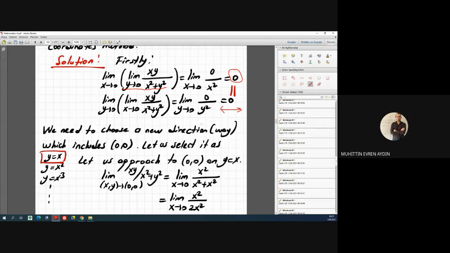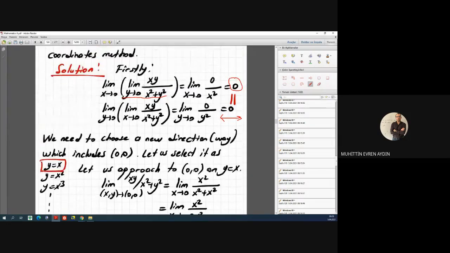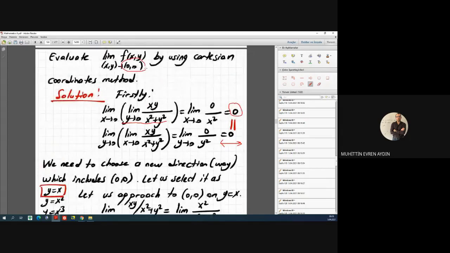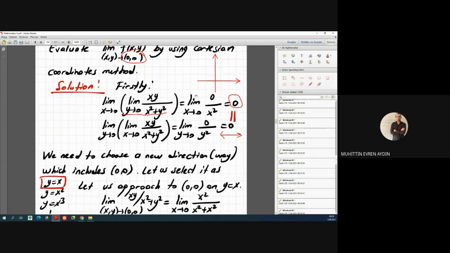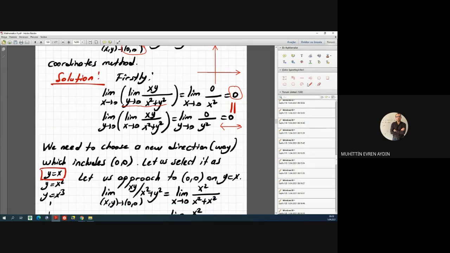So let's change the direction. Yes, our point origin, and let's draw an xy plane. Through the origin, there are infinitely many curves.